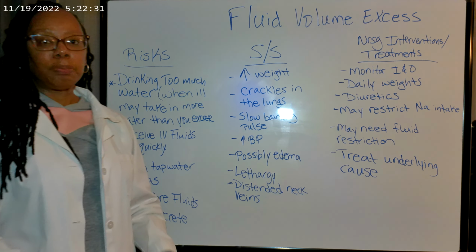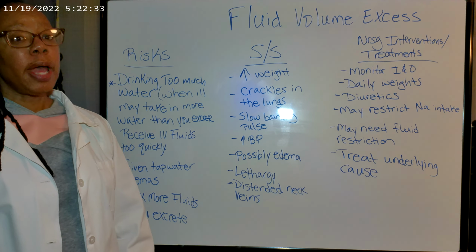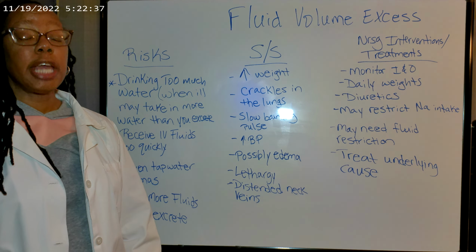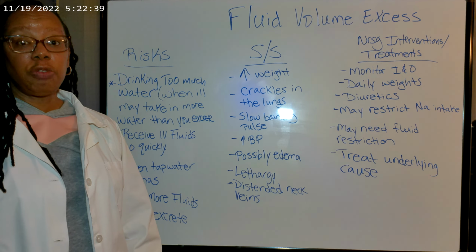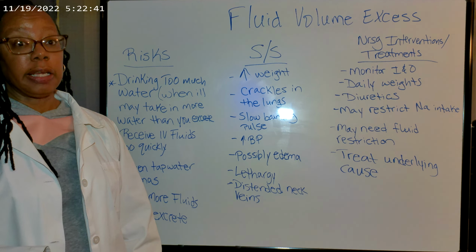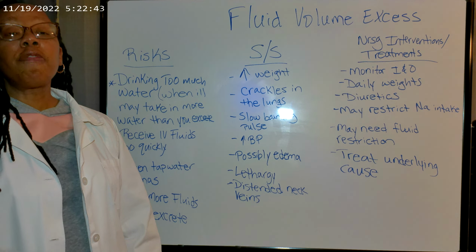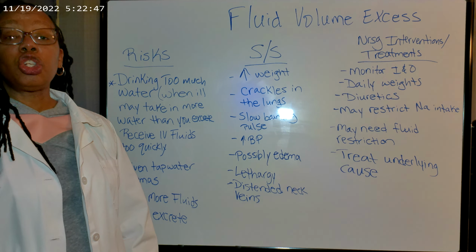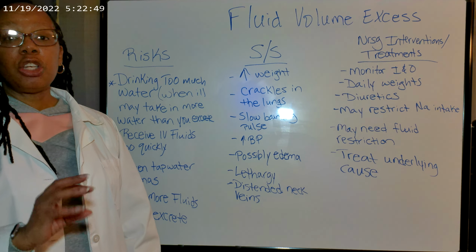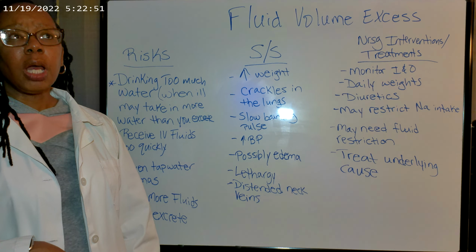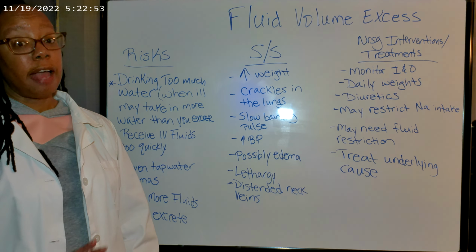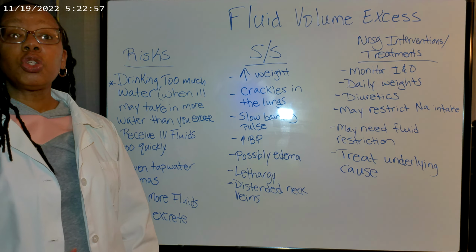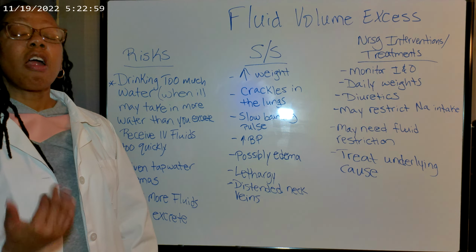So remember, we said there's a lot of ways. When we talked about fluid volume deficit, we said there was a lot of ways you take in and release fluid. So anything you put in the body, your water, whatever you drink, foods that you eat, such as your fruits, things that you can take in, like your IV fluids, your parenteral nutrition, if you have a PEG tube, or any of those things are intake.